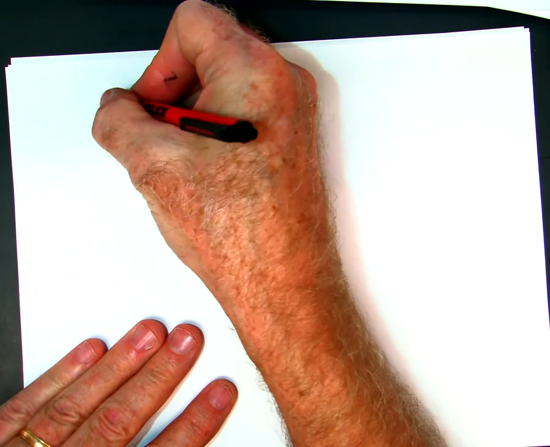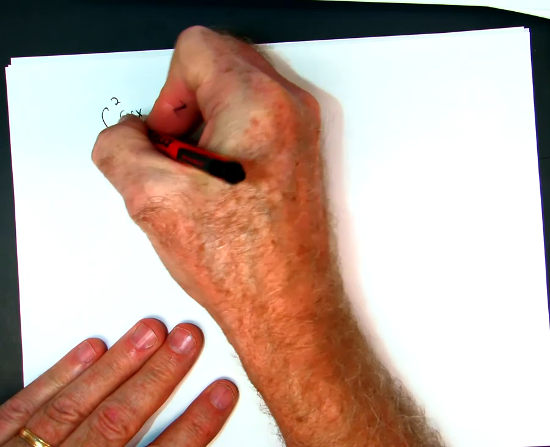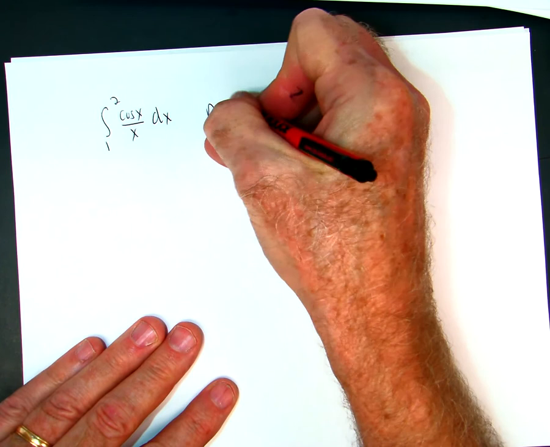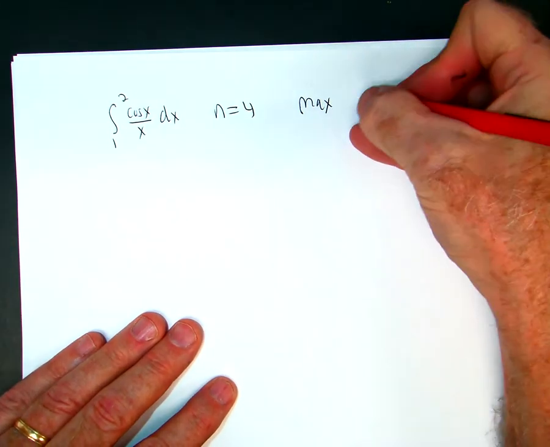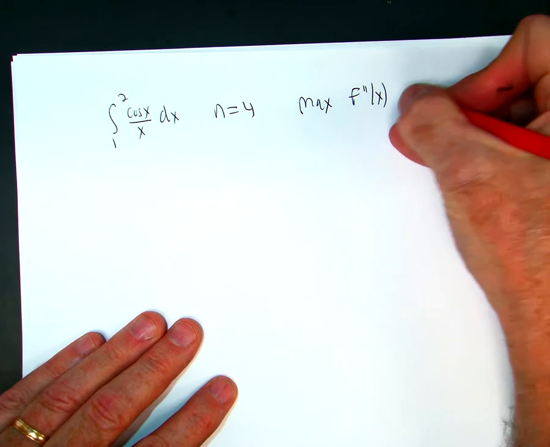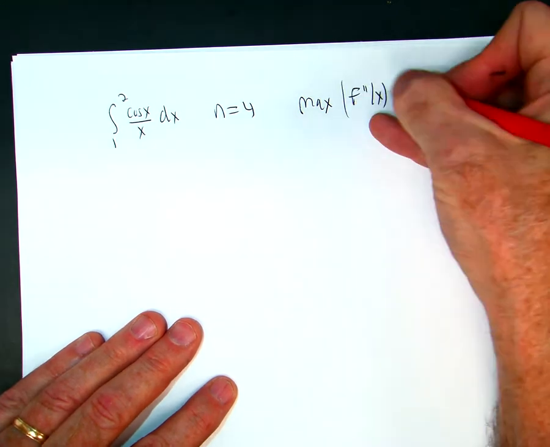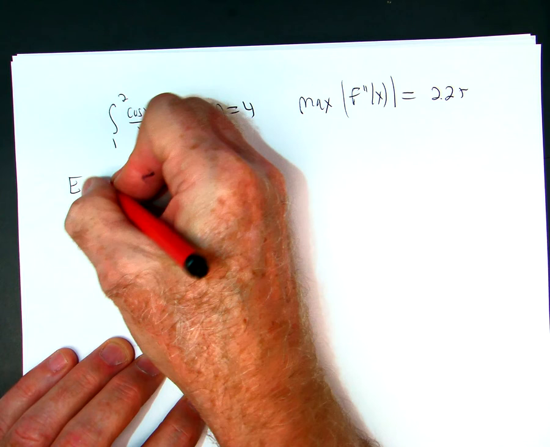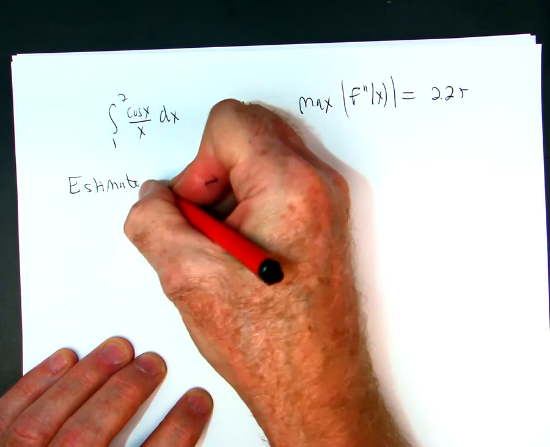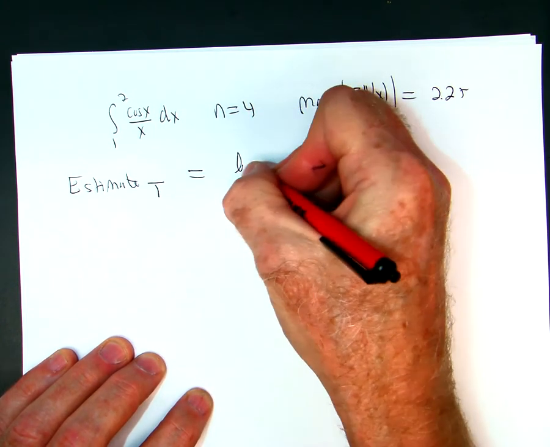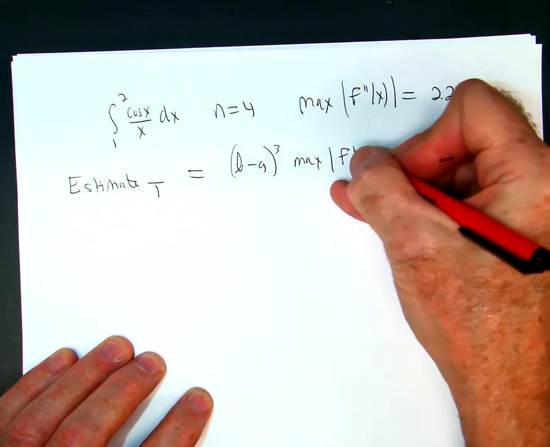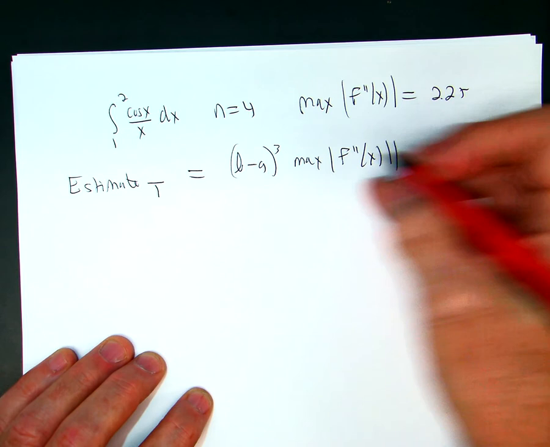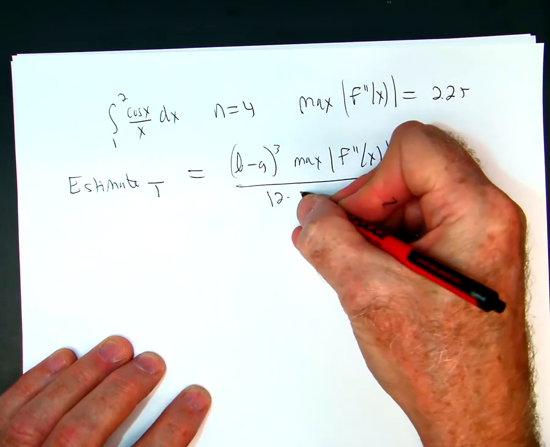Now we'll do the same integral. N is equal to 4, max f double prime of x is 2.25, and the estimate for the trapezoid is equal to the same term on top, max f double prime, over 12 n squared.